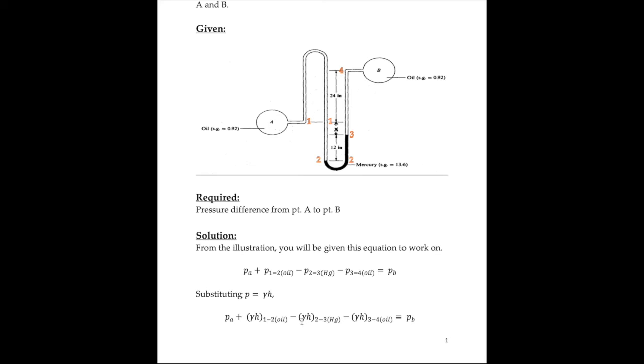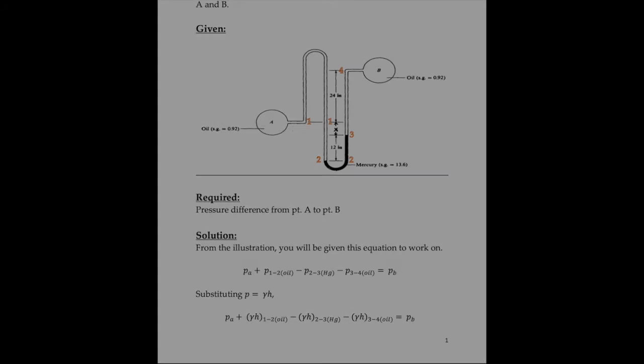Then subtract again due to its elevation: the specific weight of mercury multiplied by the height of mercury, minus the specific weight of oil again multiplied by the height of the oil, is equal to the pressure at manometer B.